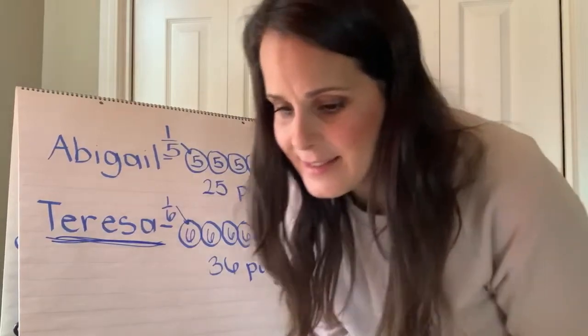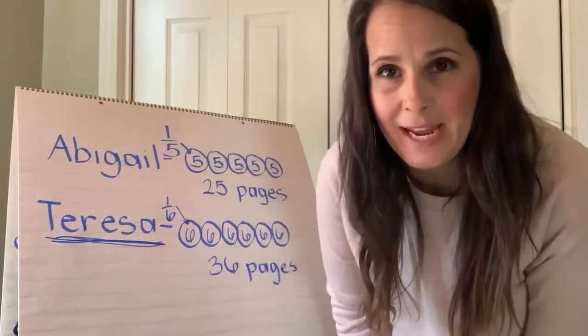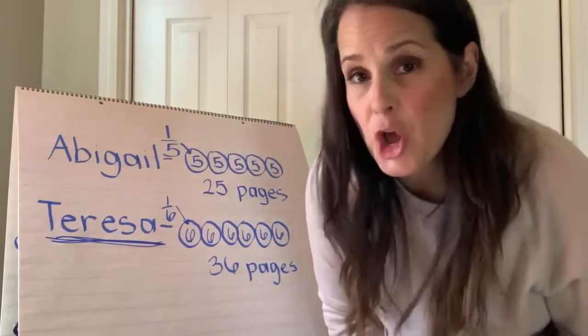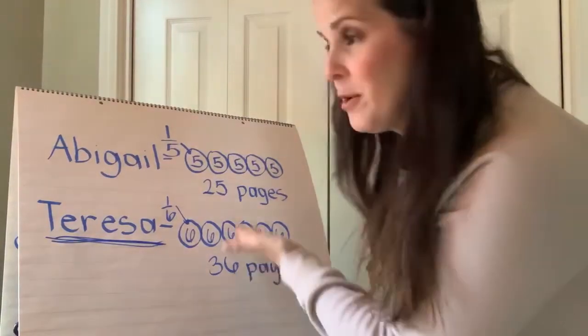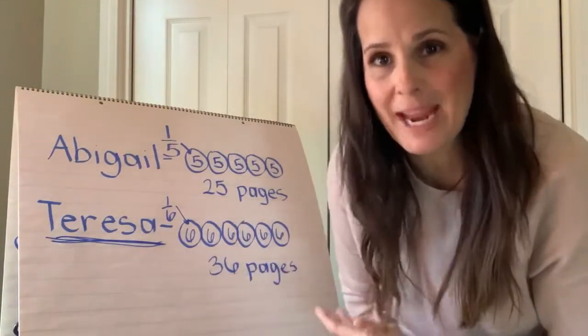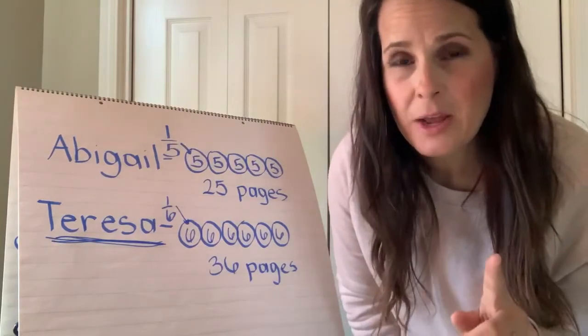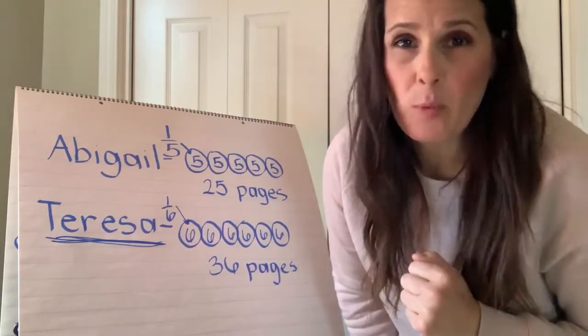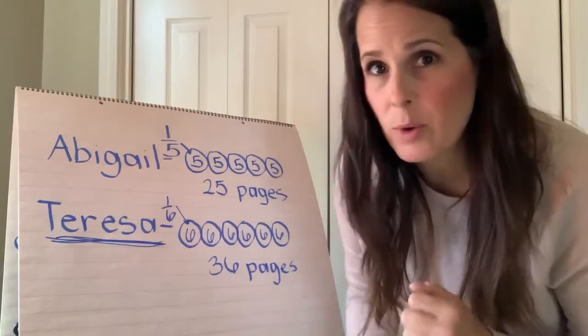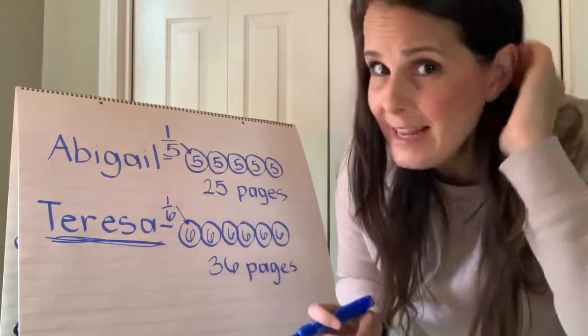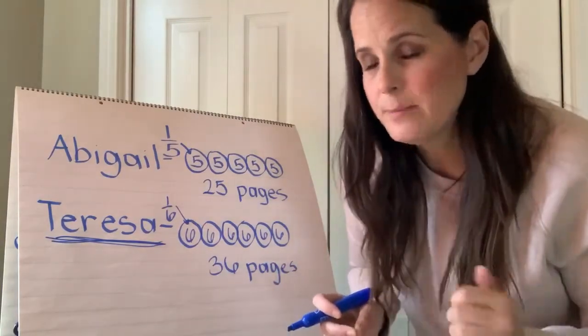Then it asks, how many more pages? So it's not enough just to know that 36 is more than 25. They actually want you to compare to find the keyword difference, right? We remember that difference is what we call the answer in subtraction. So when we compare two numbers to find that difference, we want to subtract.